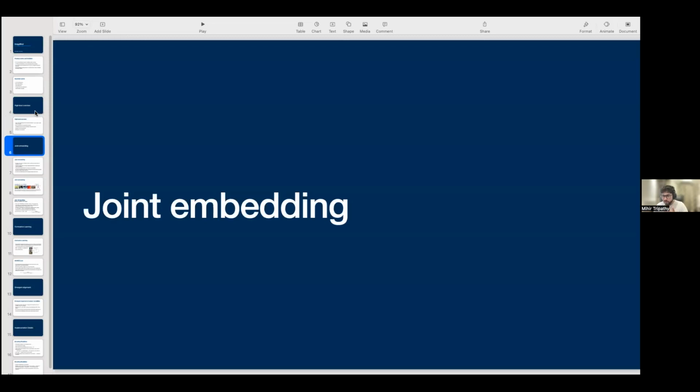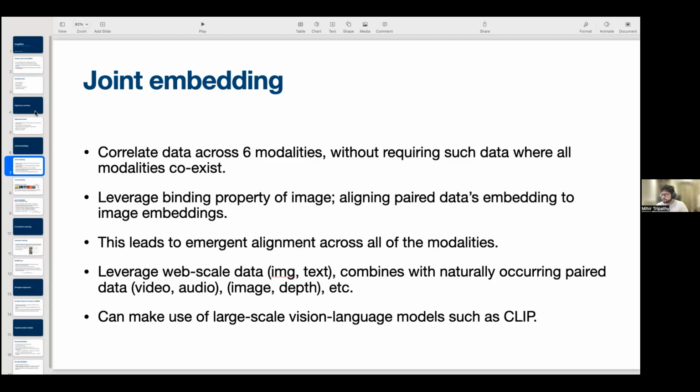So let's talk about how they achieve this joint embedding. This paper uses image as the backbone of training, for example, image and naturally occurring data. For example, there is a huge data set of image and text, and this model also has provisions to use large-scale vision models such as CLIP.